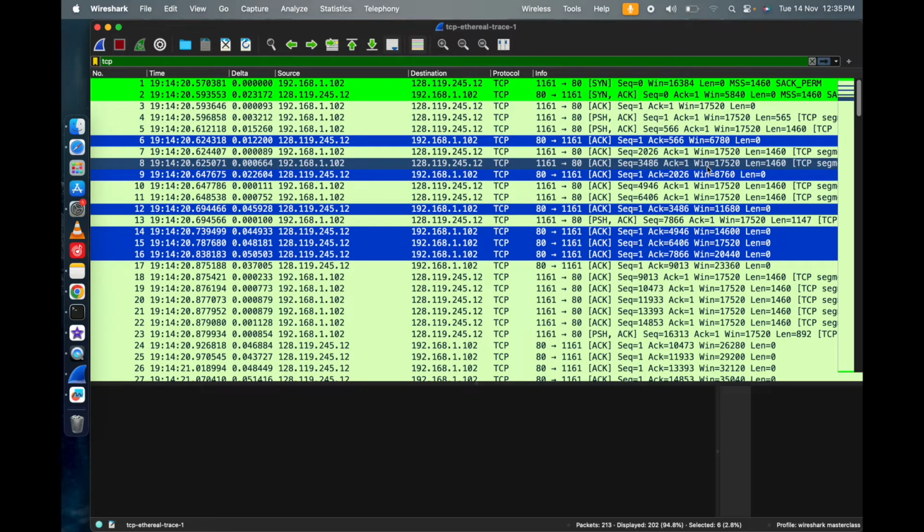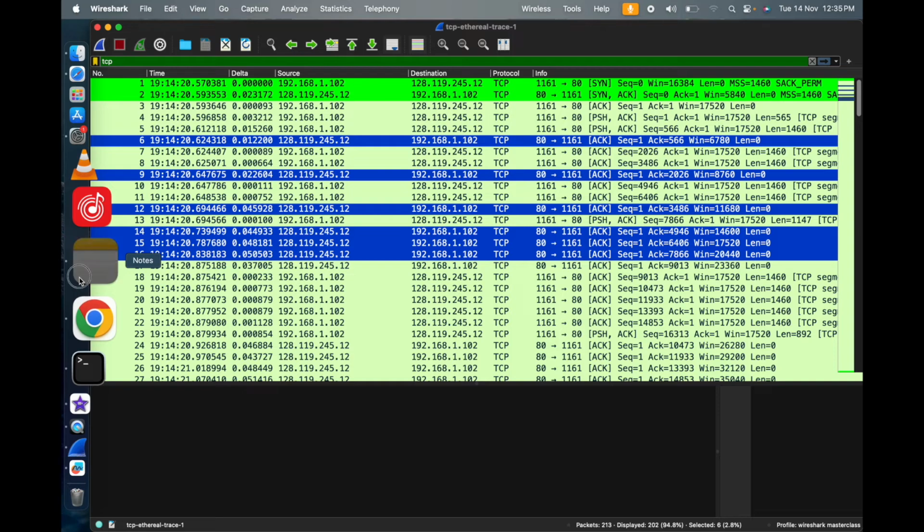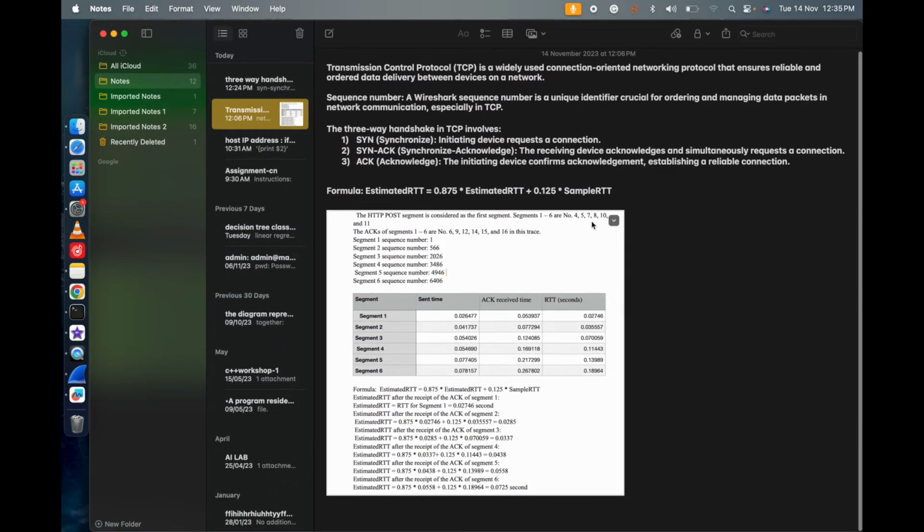After having these, you need to calculate the estimated RTT. You can calculate it using the formula: 0.875 times estimated RTT plus 0.125 times sample RTT. First make a table of segment, send time, acknowledgement, receive time, and RTT.